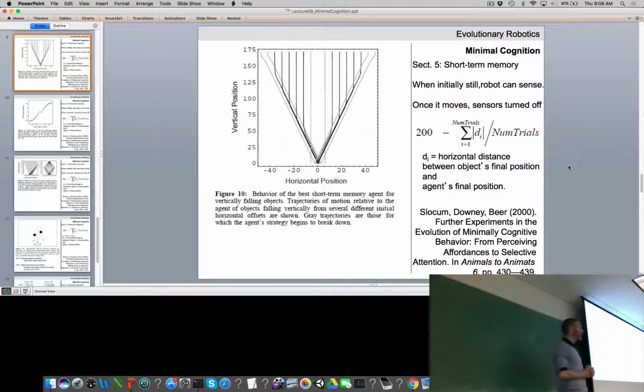This robot actually hit on a pretty simple idea. This is one of the few exceptions where you can actually figure out from the behavior what the controller is probably doing. Let's start with behavior. Clearly this robot does capture the object. It gets there. How and when does it get there?